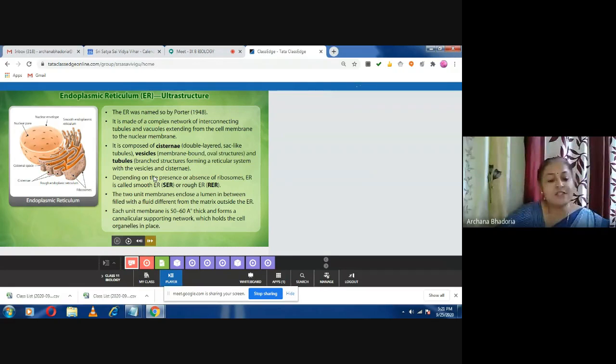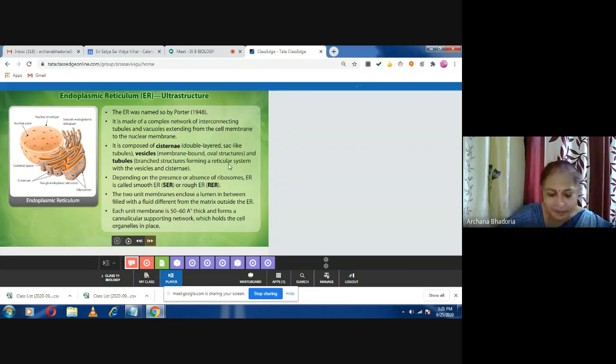Those who have not written, it is coming on the screen, children. See it from the screen and write it if you have missed anything. So tubules, they are branched structures. Since it is called tubules, they will be tube like, so you can write down they are thin tube like structures which are branched, forming the reticular system.